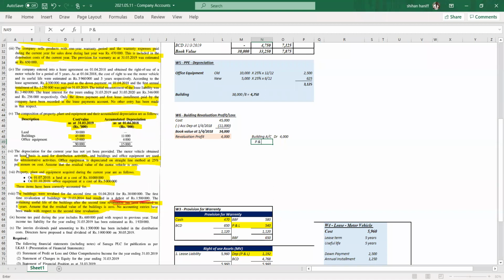So we have to credit profit and loss account 1,500, which is the previous year loss, and only the remaining balance we can credit to the revaluation reserve account, 2,500.